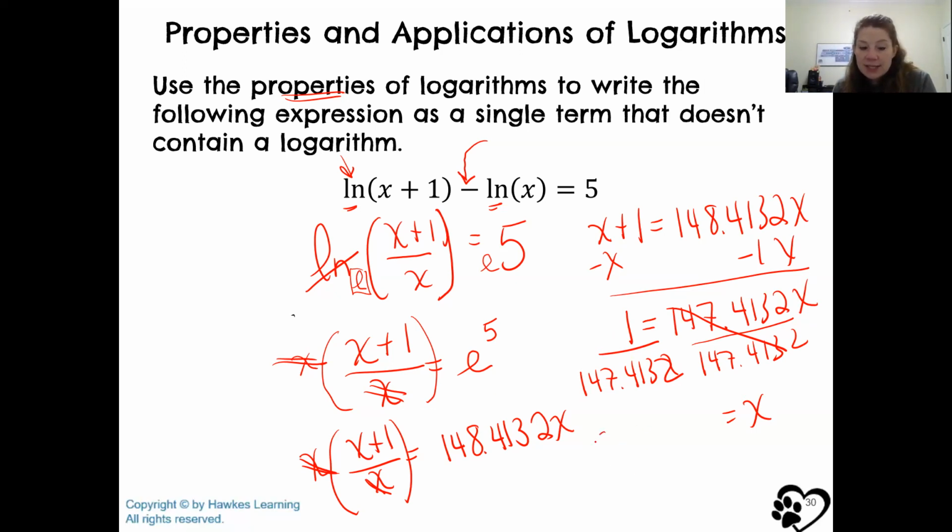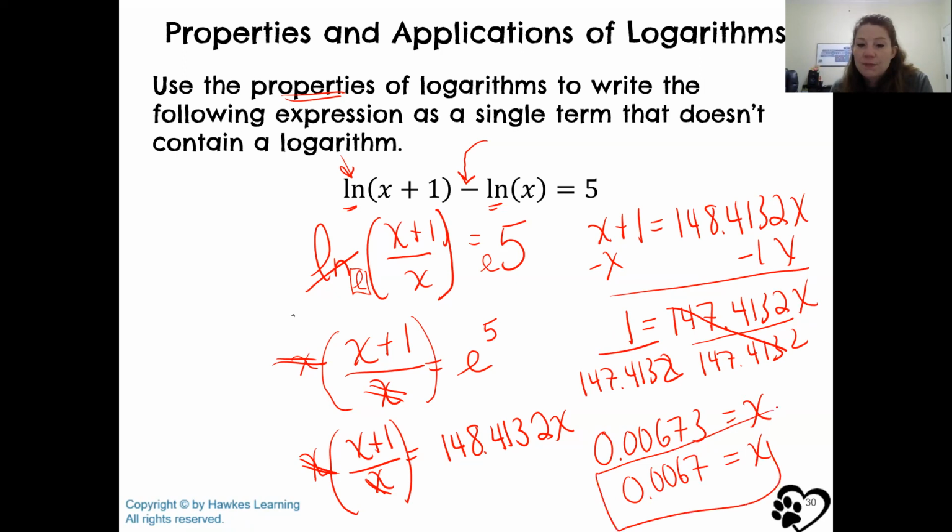And my answer is 0.00673. And it will usually tell you what to round it to. So this would probably be rounded to 0.00067 is what x is equal to.